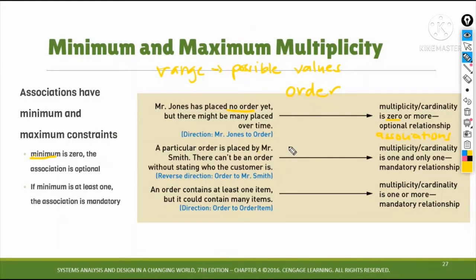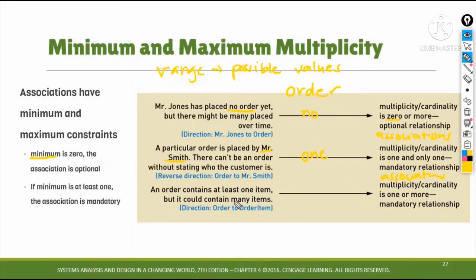Alternatively, a customer, let's name that Mr. Smith, might place 1 order. So here Mr. Jones has no order, and here Mr. Smith places 1 order. So the multiplicity or cardinality is 1 and only 1 association.